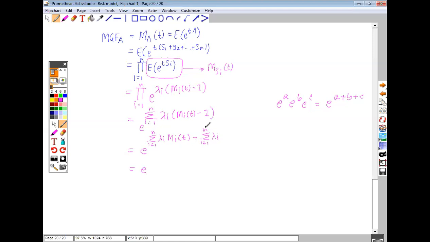I can rewrite the second term as capital Lambda. The first I cannot, because I have M_i(t) multiplied with lambda_i, so that remains as it is, minus capital Lambda.